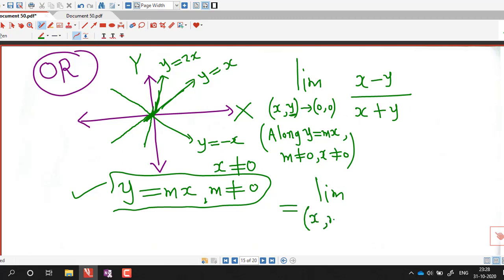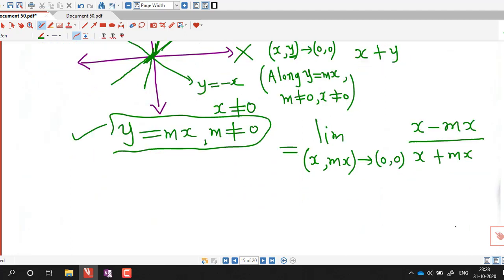So we can write one more step. We put y equal to mx. So this is x minus mx divided by x plus mx. Now from this we have x tending to 0, which implies m into x tending to 0.